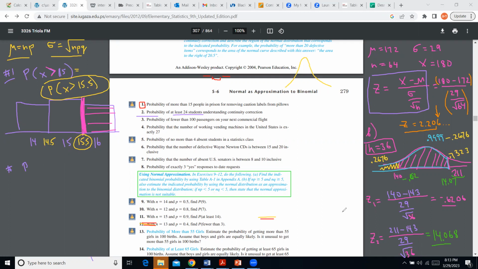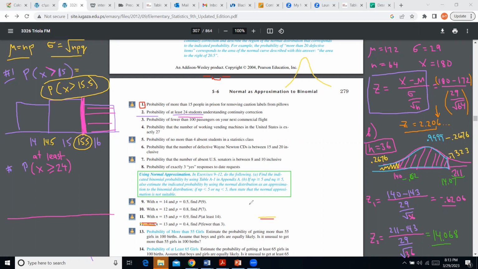Now here comes our familiar word, at least. Remember what that stood for? It means not less. So X could be only greater or equal. At least 24, so greater than or equal to 24, just like that.